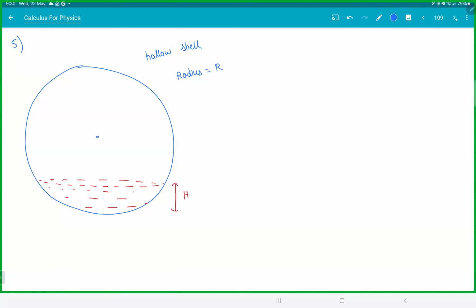And this is your center. You get it? So hollow shell, it is partially filled with liquid up to height h. Find the volume of the liquid.